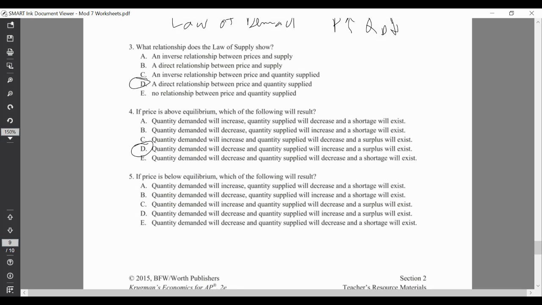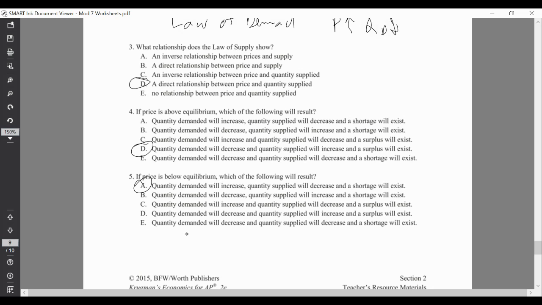If the price is below equilibrium, which of the following will result? If the price is too low, then we'll see A: the quantity demanded will increase, quantity supplied will decrease, and a shortage will exist.